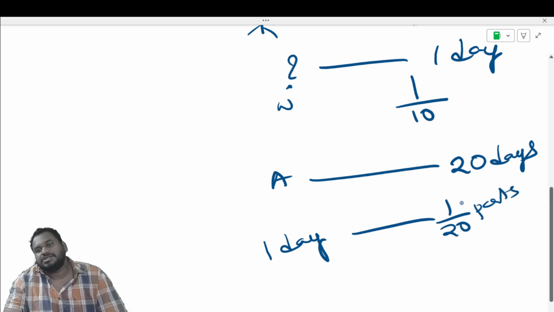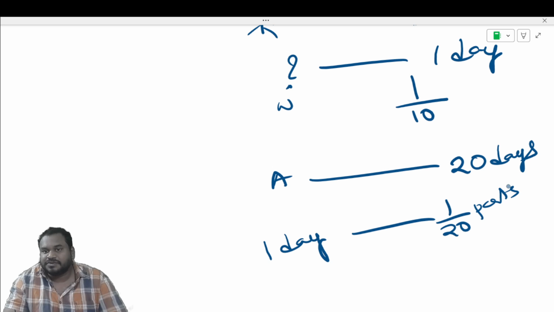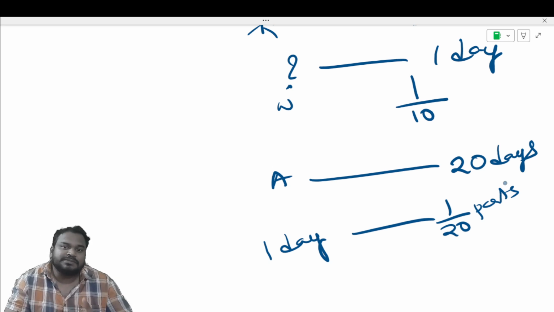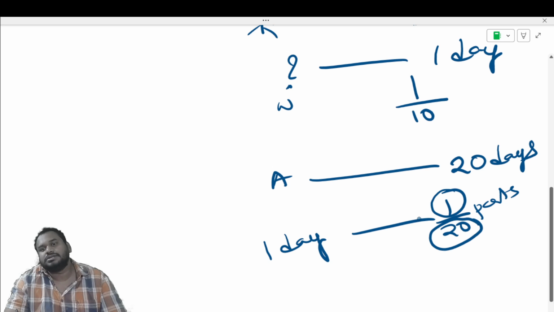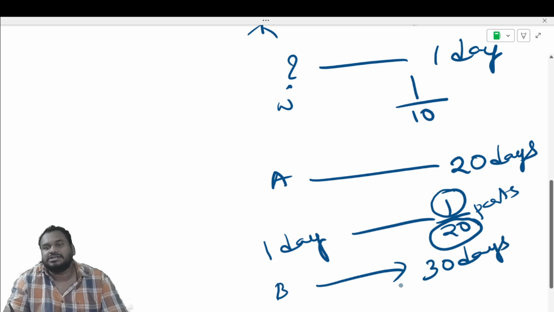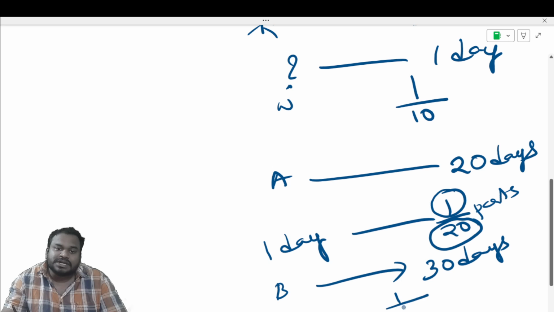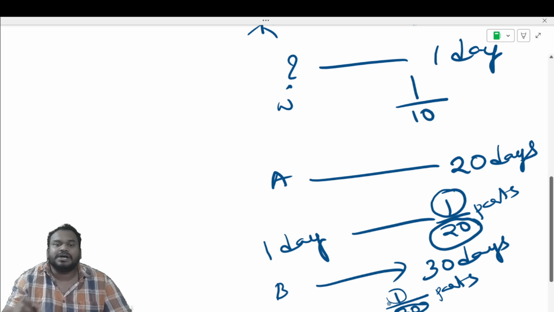If I divide that work into 20 parts, he does one part out of the total 20 parts. Suppose there is a person B, who was asked to do another work and completes it in 30 days. In one day, how much work can he do? 1 by 30 parts of the total work. Out of 30 parts, he does one part.